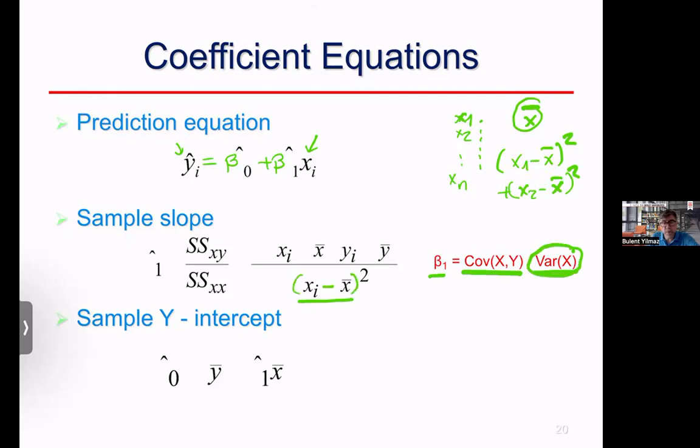What is x bar? Sample mean. What is xi? Data, the ith data, the data coming from the first person. For example, height or weight of the first person, weight of the second person, and so on.